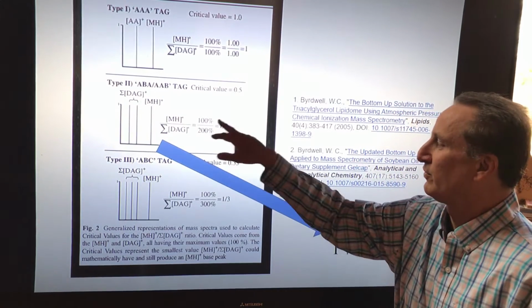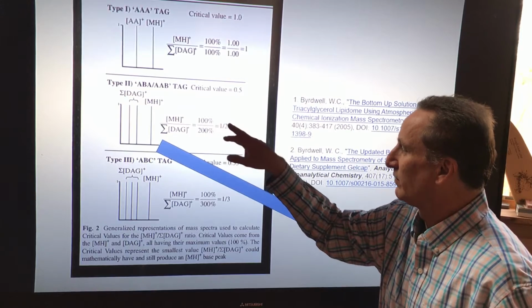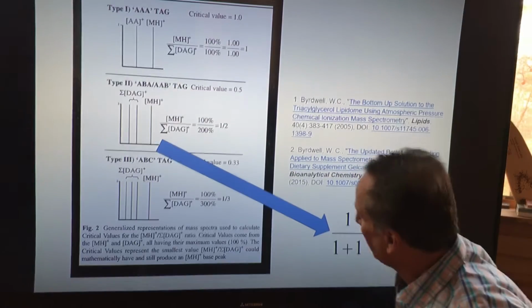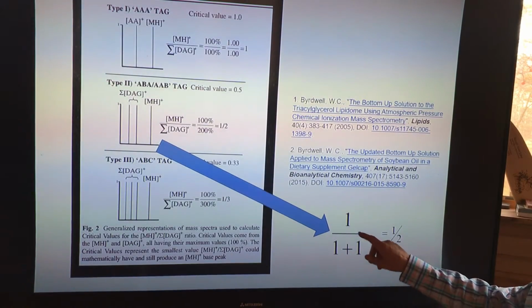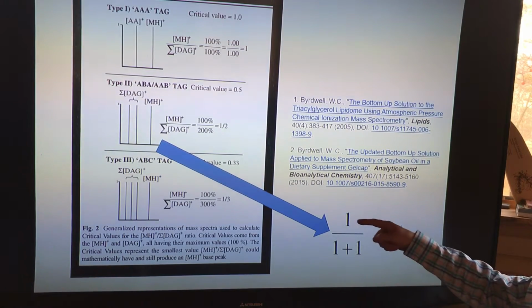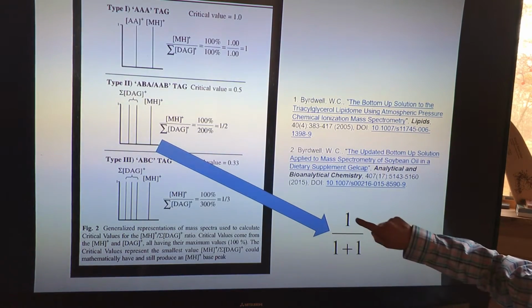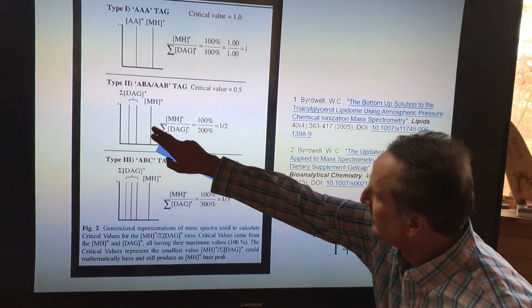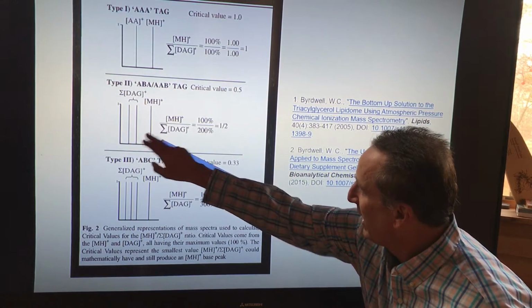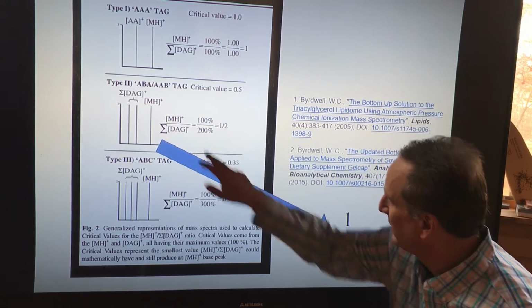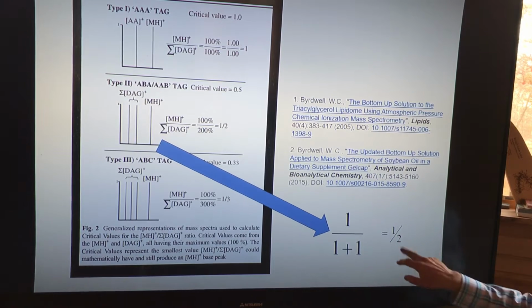That gave the critical ratio of 1/2. More specifically, you can look at that 1/2 as MH over the sum of the DAGs. This is the protonated molecule, and then the 2 DAGs, 100% and 200%, is 1/2.